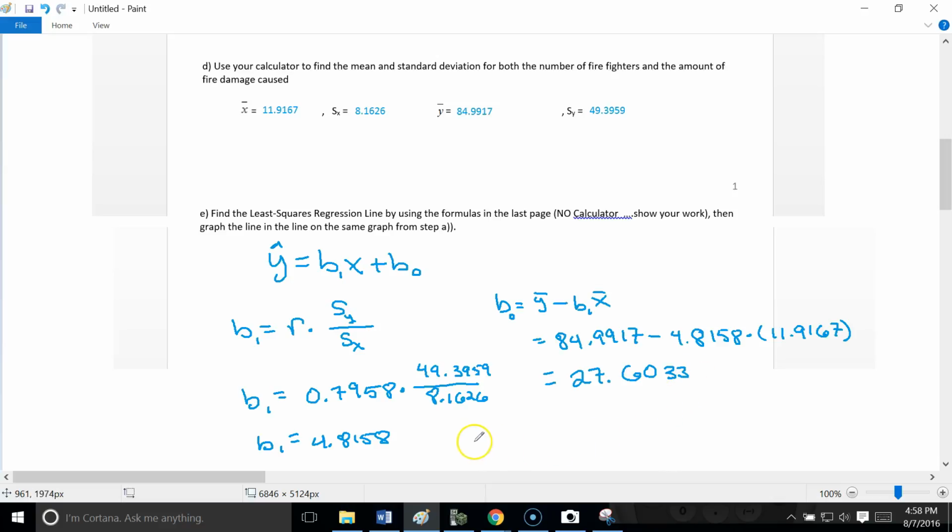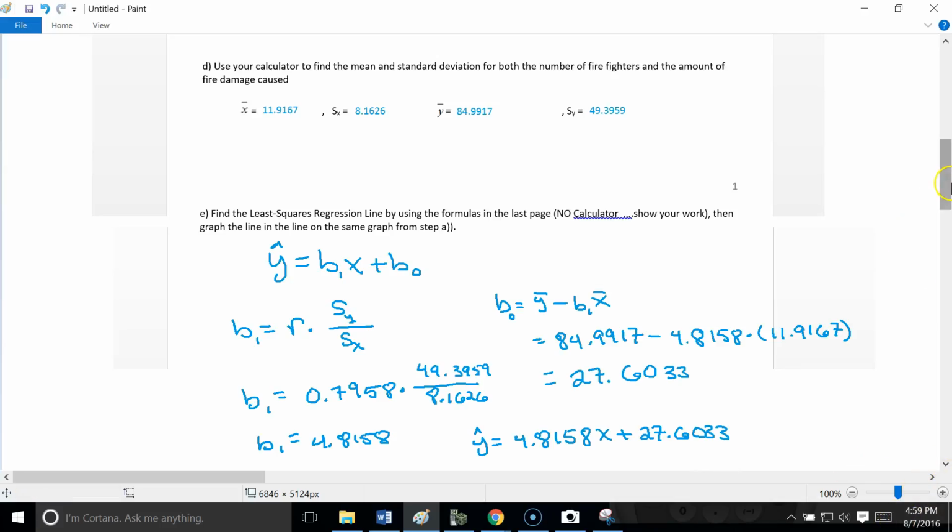Okay, so then we use our calculator to calculate that, and we get a value of approximately 27.6033. Now we can bring everything together and write the equation of y hat to be equal to 4.8158x plus 27.6033.